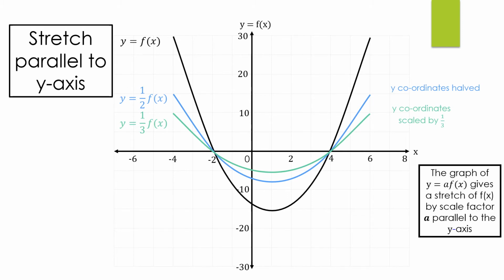So the graph of y equals a f of x gives a stretch of f of x by a scale factor a parallel to the y-axis. But if we have a fraction, then it means that it's becoming closer to the x-axis. In the previous examples, we looked at where the scale factor was greater than 1, and our turning points became further away from our x-axis.